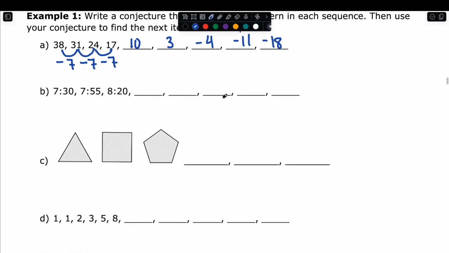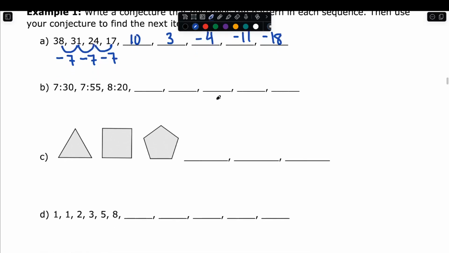Part B. I notice that I'm given some clock numbers here. 7:30, 7:55, 8:20. From 7:30 to 7:55, I notice they're going up by 25 minutes. And 7:55 to 8:20, also going up by 25 minutes.